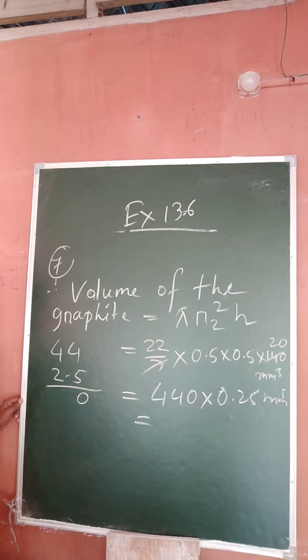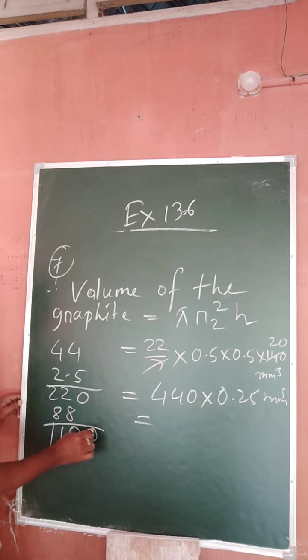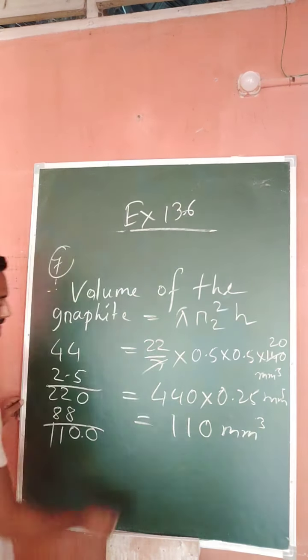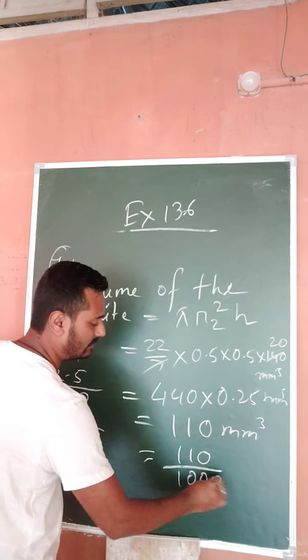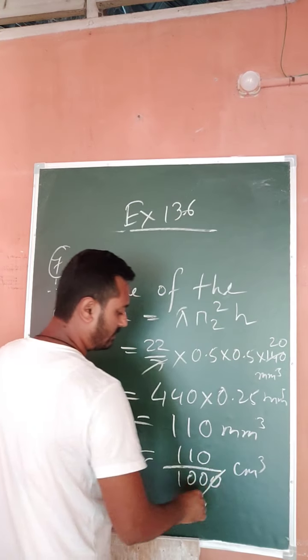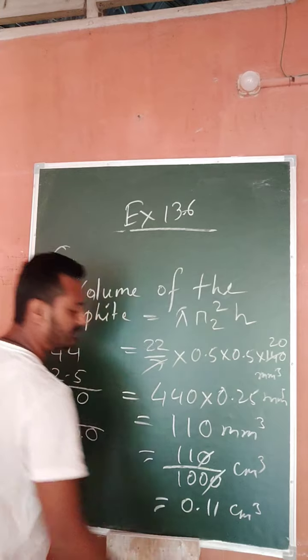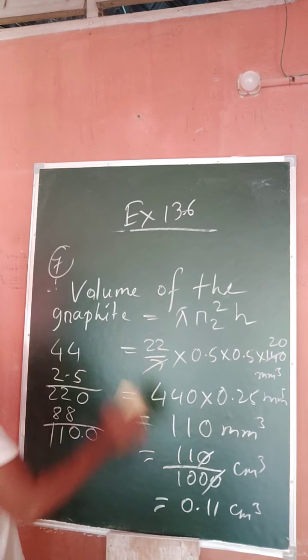So 110 millimeter cube. And if you convert into centimeter, you can divide by 1000. So that is 0.11 centimeter cube. 0.11 centimeter cube is the volume of the graphite.